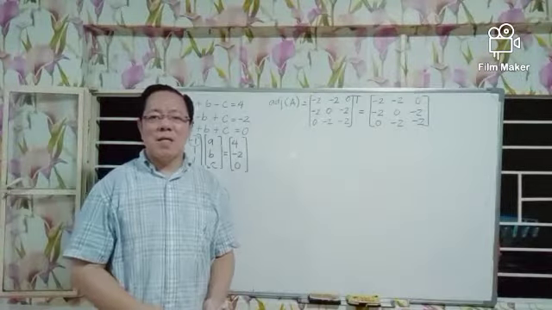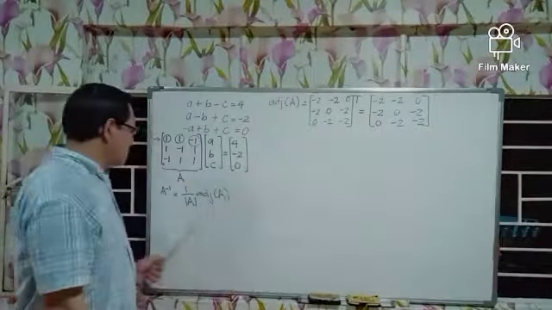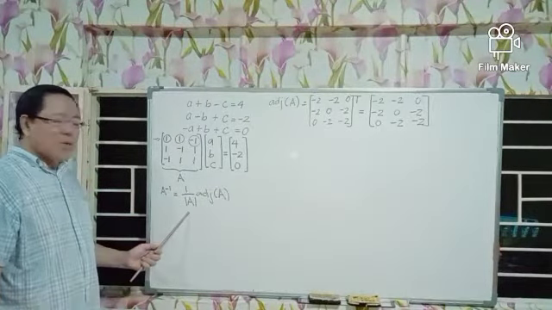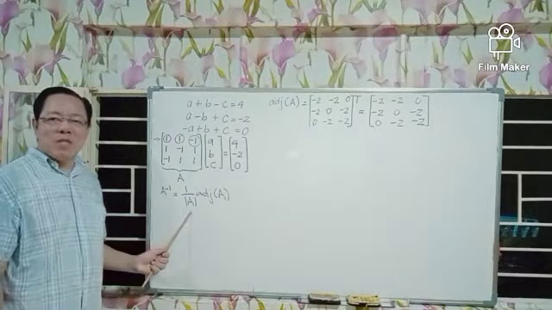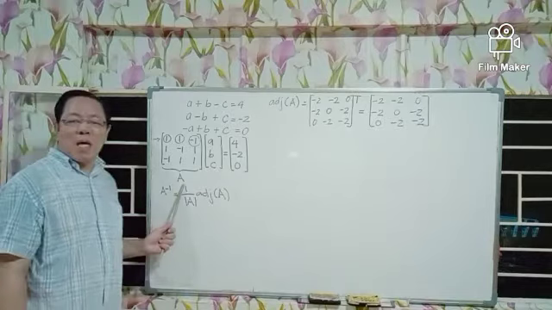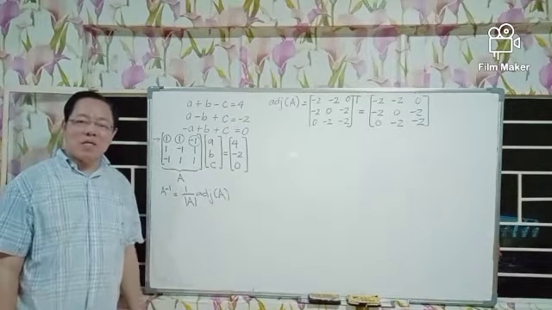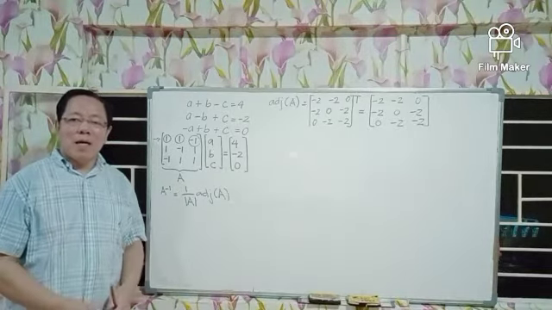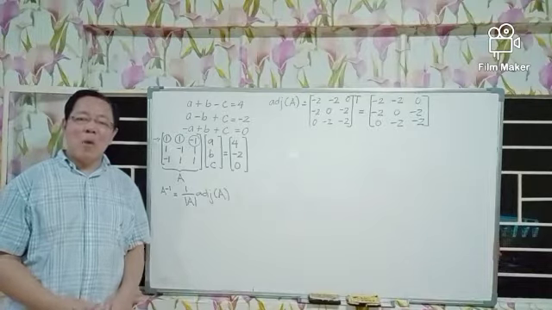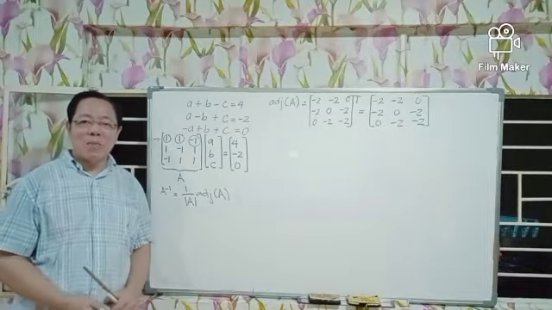We now find the inverse of matrix A. We take the reciprocal of the determinant of A, and the determinant of A we found earlier is equal to negative 4. And its reciprocal is 1 over negative 4, or negative 1/4.